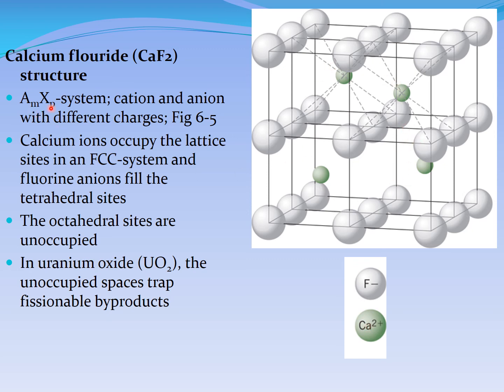So now this AmXp, calcium fluoride, so there will be many more ions. It will be densely packed, right? The cube will be densely packed, right? So calcium fluoride is one of them, uranium dioxide is another of them, and so on. So FCC type, but tetrahedral and much higher density.